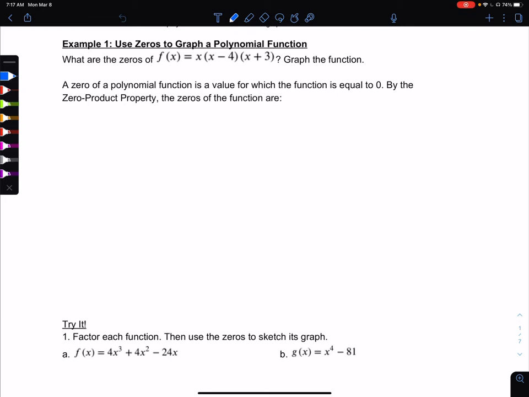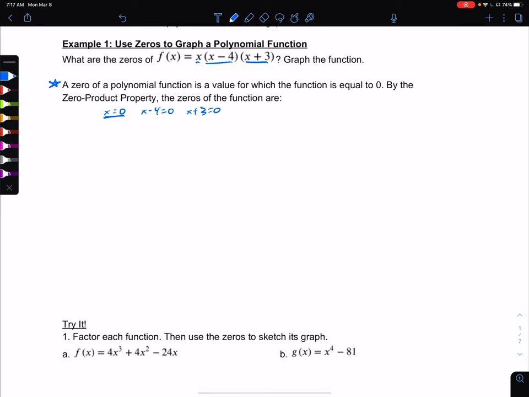A zero of a polynomial function is a value for which the function is equal to 0. And by the zero product property, which we've covered a while ago, the zeros of the function are, and we're going to take each of these three pieces, x is equal to 0, x minus 4 is equal to 0, and x plus 3 is equal to 0.